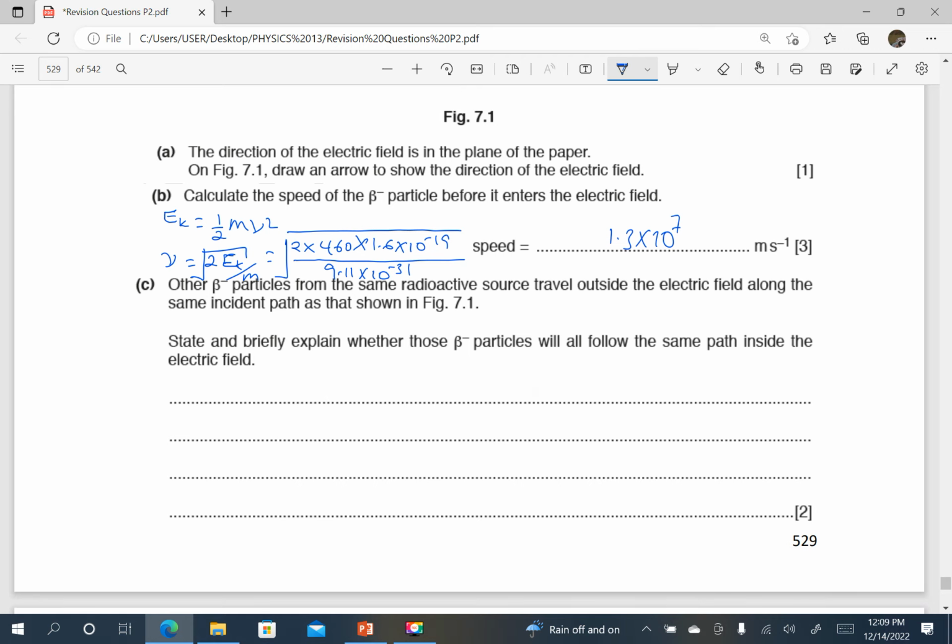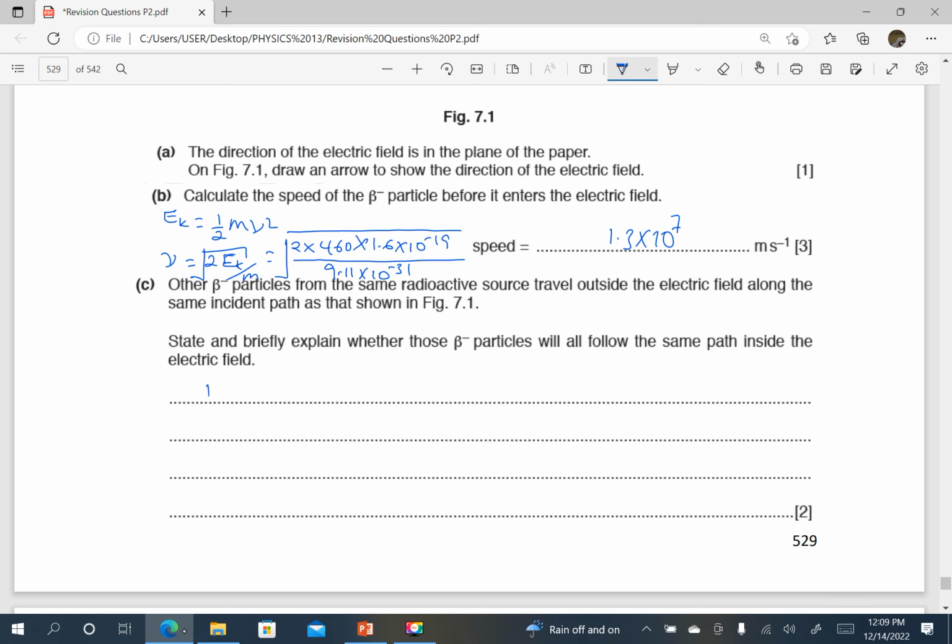Because they have a range of energies, they will have different speeds, different energies. So when they enter the electric field, they will not follow exactly the same paths.